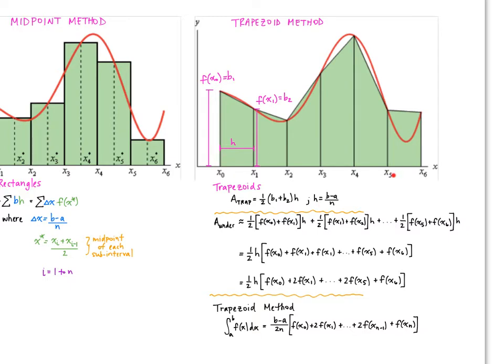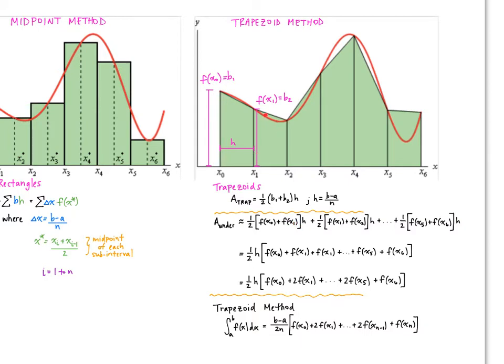And h, if we're talking about equal subintervals, is going to be b minus a over n. So if we're trying to find the area underneath this curve using the trapezoid method, our first trapezoid is going to be 1/2 times the sum of the bases, f of x0 plus f of x1, times our height.